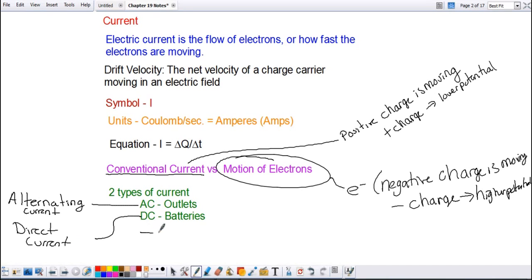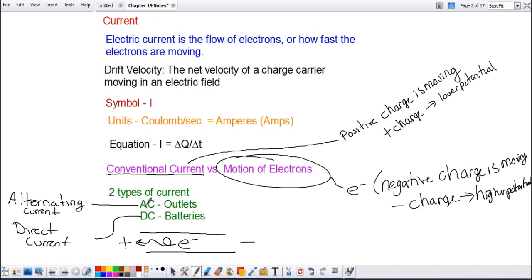Because the positive and the negative terminals stay positive and negative always. They don't change. So this is the positive terminal, it stays positive. This is the negative terminal, it stays negative. You've got your electron in here, so it is going to drift towards the positive terminal, towards the higher potential the entire time, okay? AC is different, okay?